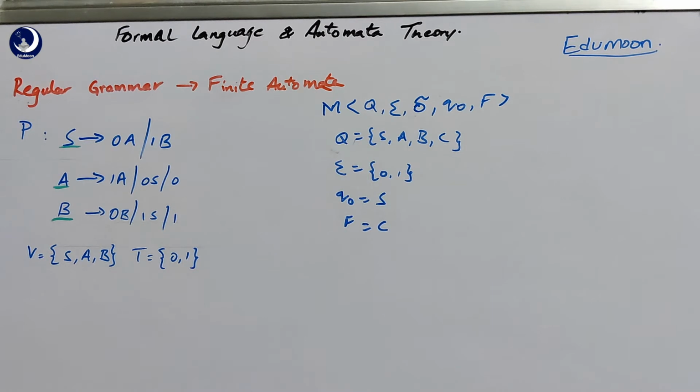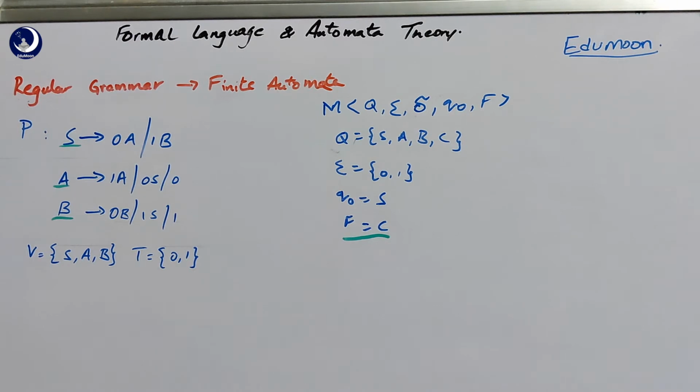Whatever variables are present in the grammar, we have defined them as states here: S, A and B. We have taken one more extra state, C, which we call the final state, to represent the acceptance of the string generated by the finite automata. Sigma is the same, that is, the terminals available in the grammar.